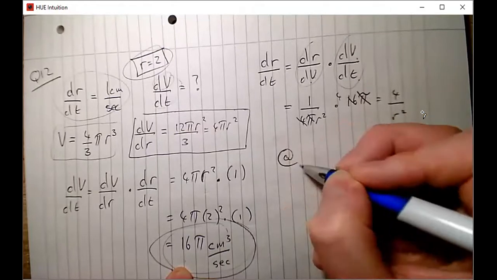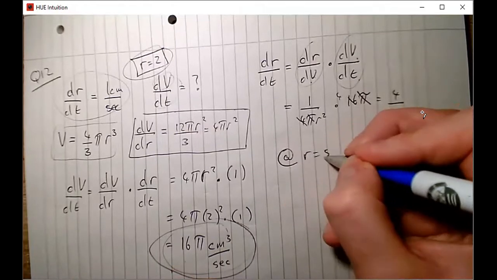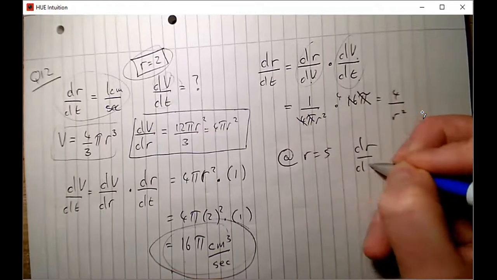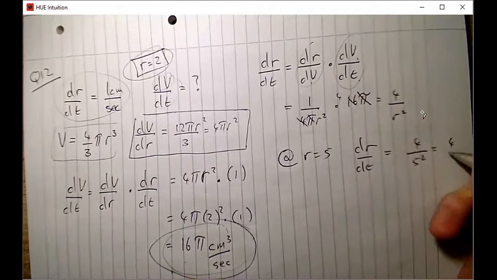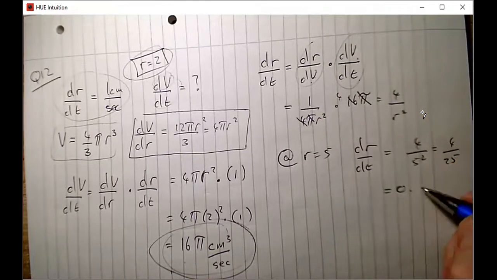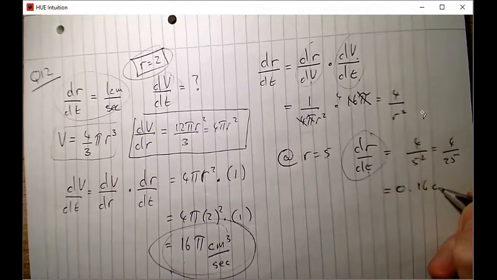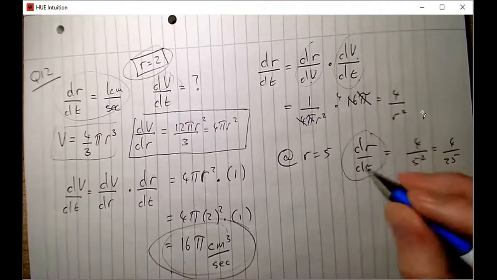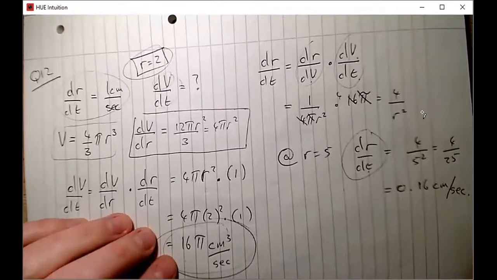And the question was when it is 5 centimeters in length. So dr/dt is 4 over 5 squared, 4/25, or 0.16. Rate of change of radius with respect to time, that's distance, centimeters, per time, seconds. So 0.16 centimeters per second.